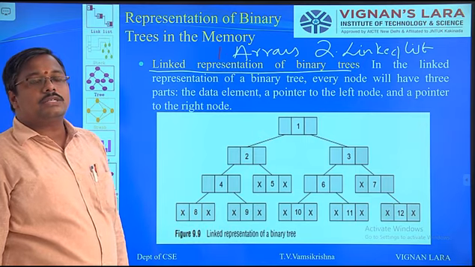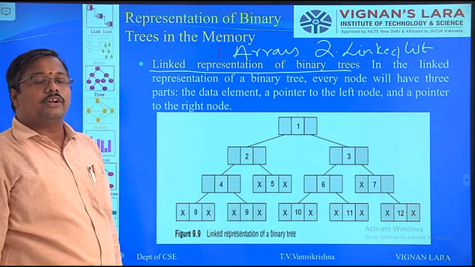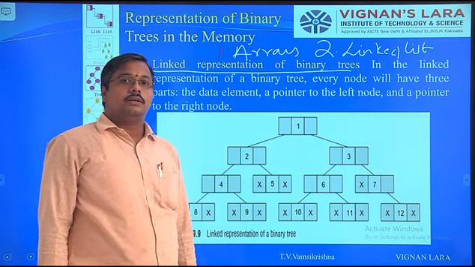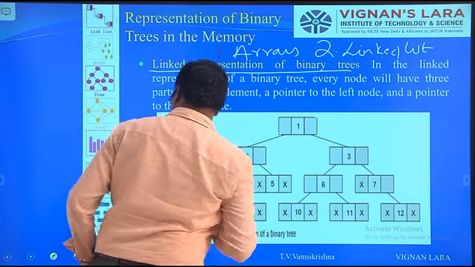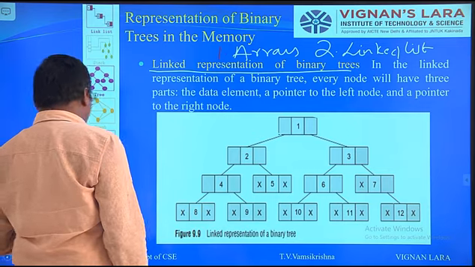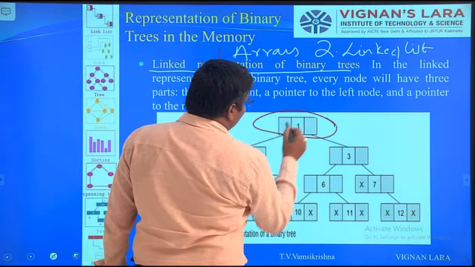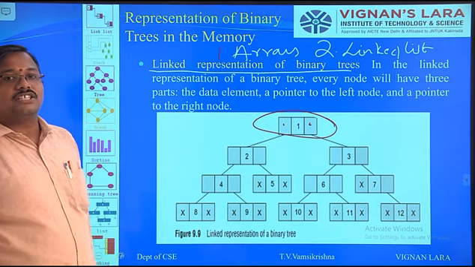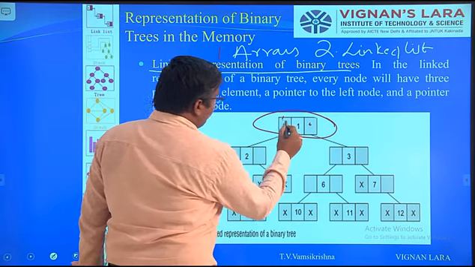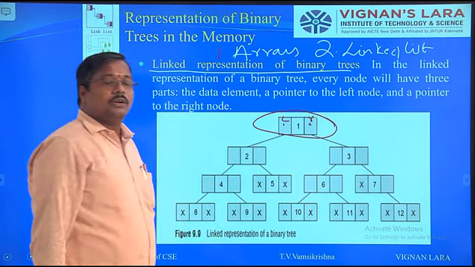So here we are using a double linked list. Why? To represent one particular node, each and every node must have two different kinds of pointers: a left pointer and a right pointer.